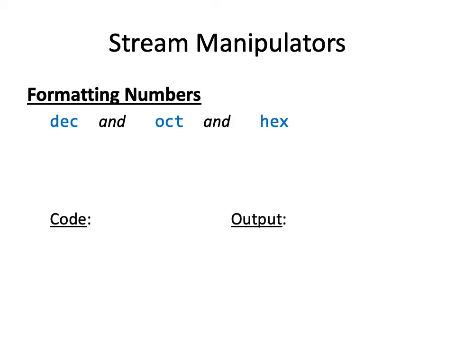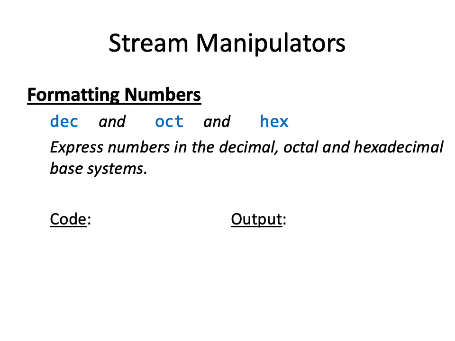And the next ones are the dec, oct, and hex formatting stream manipulators. What these do is they tell the stream how to express integer numbers. So you can express numbers using the decimal system, which we are used to. You can also express them using octal or hexadecimal systems as well.